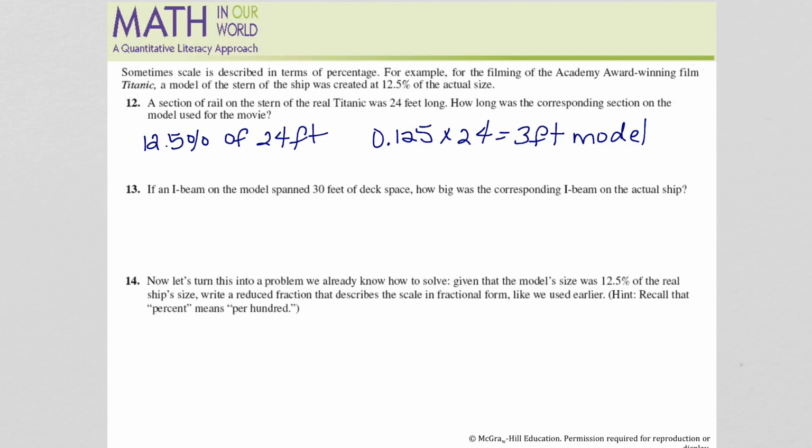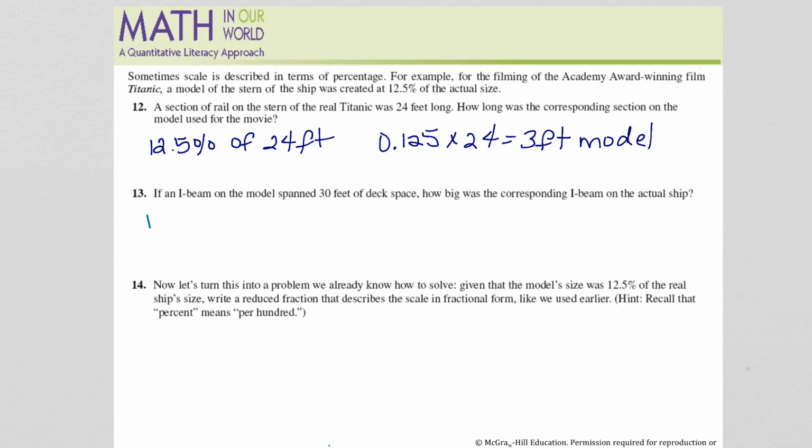Okay? If an I-beam on the model spanned 30 feet of deck space, this was a big model, how big was the corresponding I-beam on the actual ship? Okay, so we need to know 12.5% of what is 30 feet.